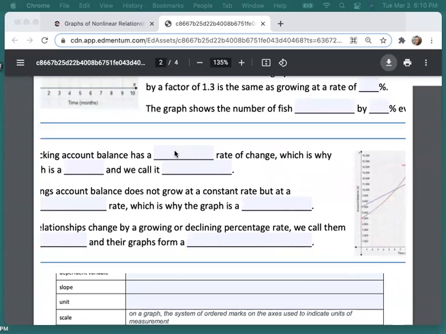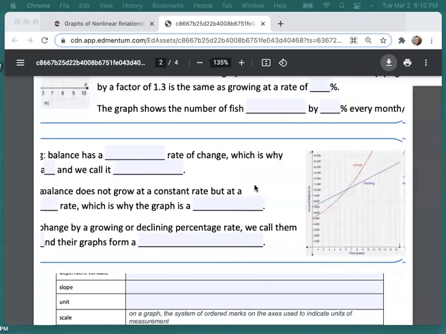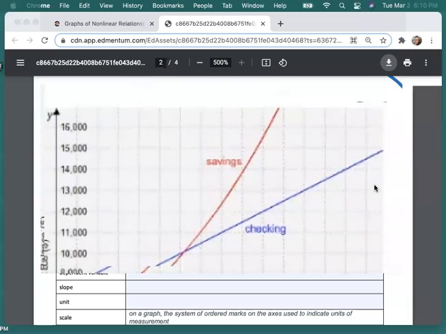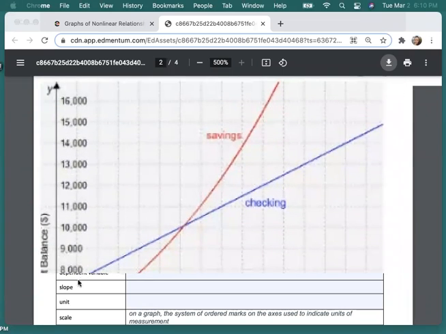Okay, so here we have another graph, and it's showing two different lines. So I'm not going to fill in the blanks for this one. I'm just going to describe what I see on the graph. The blue line is a checking account, okay?